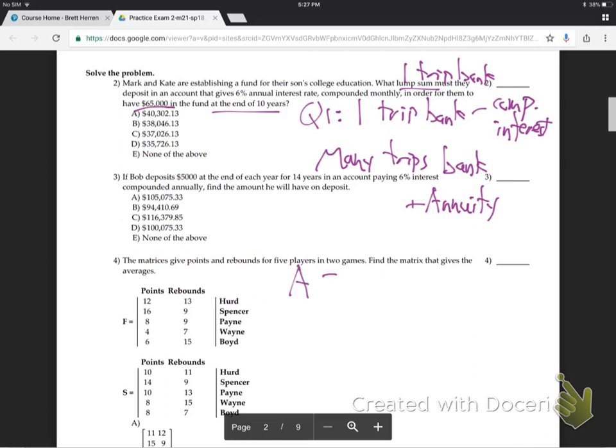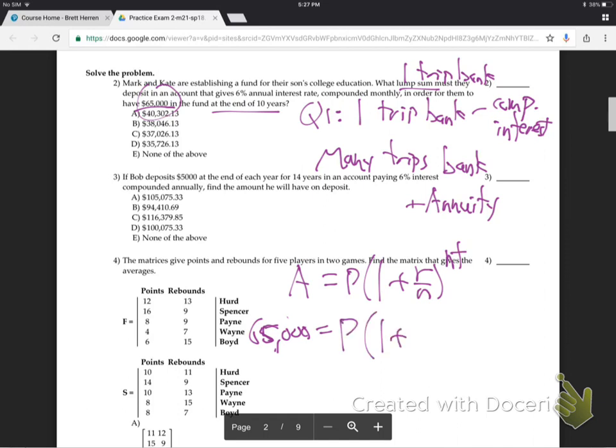So it's A equals P times (1 plus r over n) to the nt. What's the P? What's the principal? The amount is the 65,000, isn't it? They want to have 65,000, so that goes out here, and the principal is what they're trying to find.